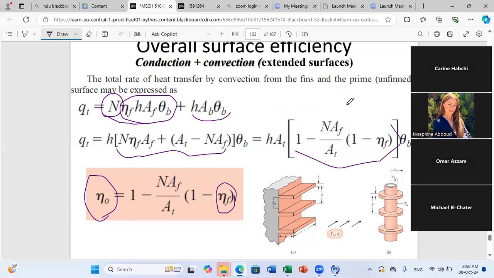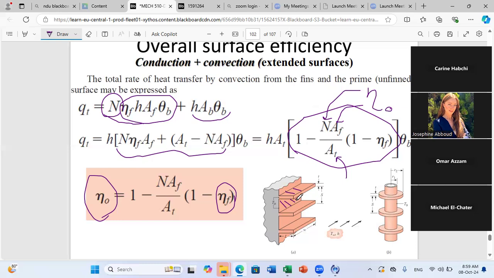You can say that this can be considered the overall efficiency. I will name this term the overall efficiency of my fins, which is expressed as a function of the number of fins, the frontal area of my fins, and the total area of my system that will consider everything, meaning the frontal area of fins plus the area that is not covered by fins.